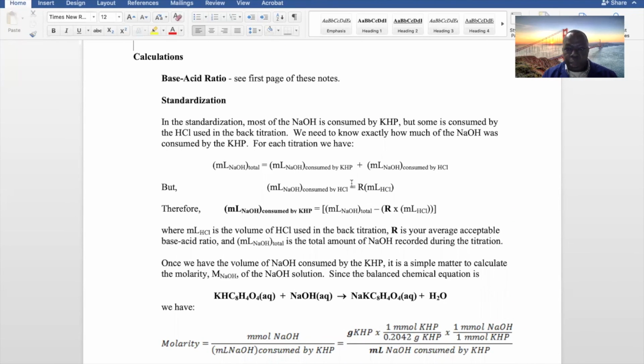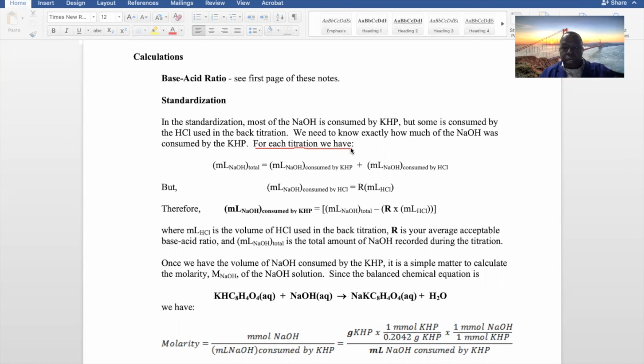Remember this equation is for each trial, not a combined mass. I want you to take note of that. There is trial 1, trial 2, trial 3, so you have to titrate each one of them.